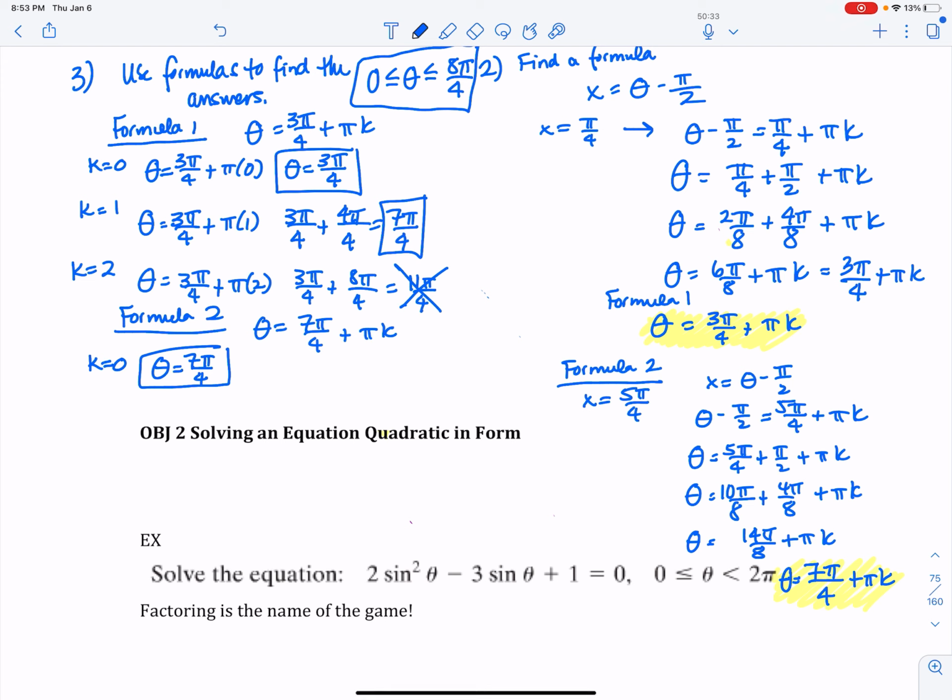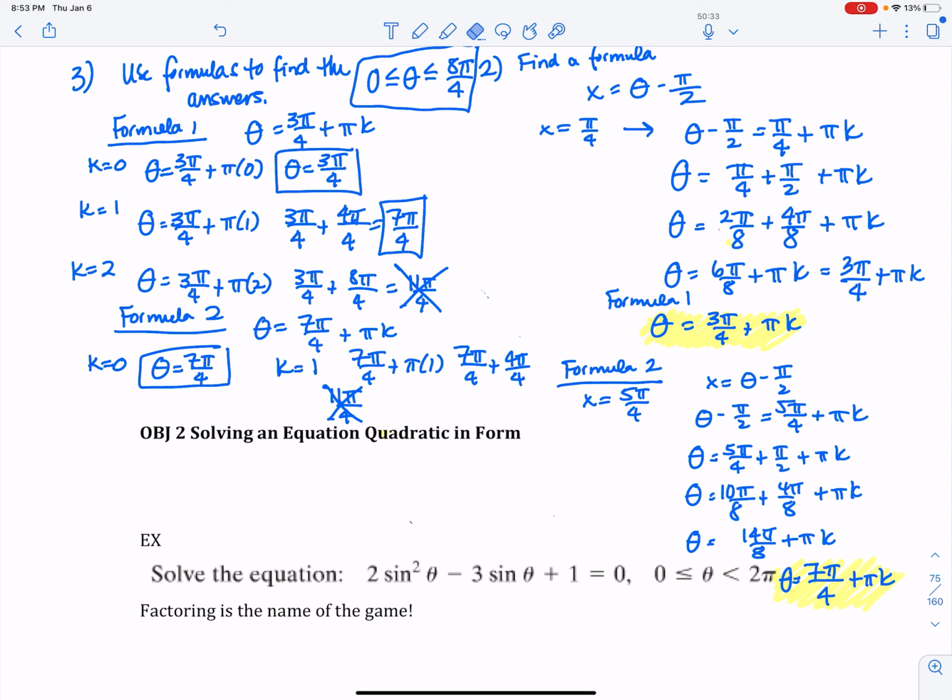By the way, I already have the answer, but I'm going to circle it anyways. K equals 1. Plugging that in, we get 7 pi over 4 plus pi times 1. Finding a common denominator, it's going to be 4 pi over 4. When I add 7 pi over 4 plus 4 pi over 4, I get 11 pi over 4, which is too big. So I don't move any further.